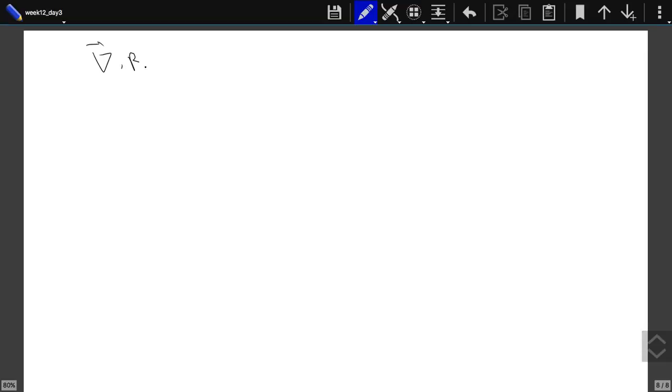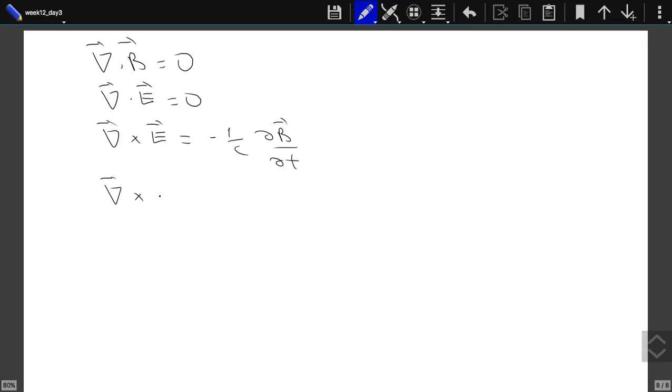For example, let's write our Maxwell's equations in empty space. Let's start with the last equation.